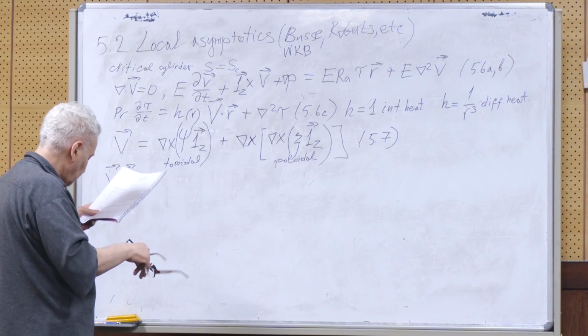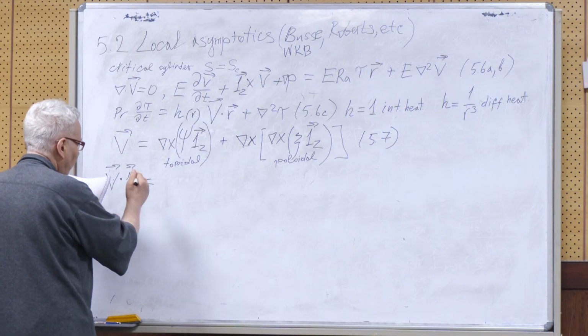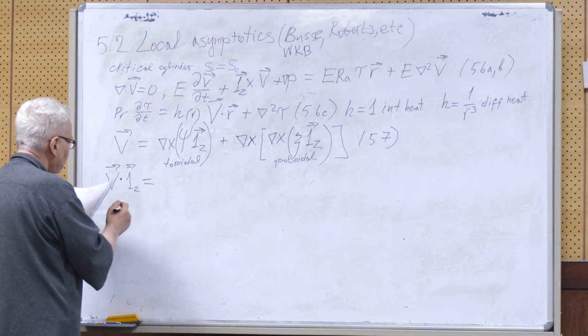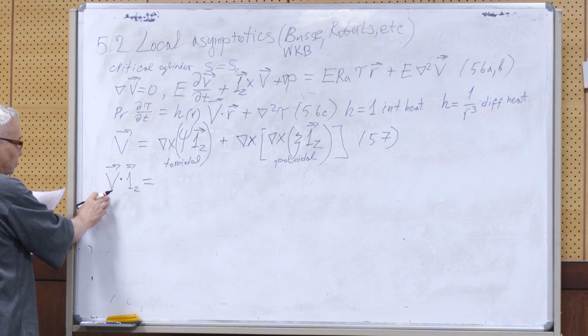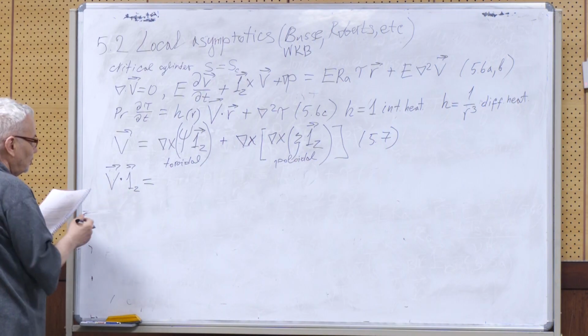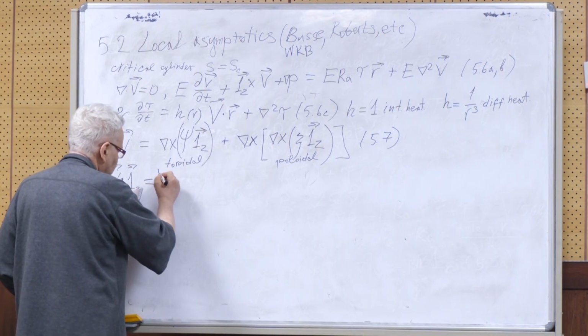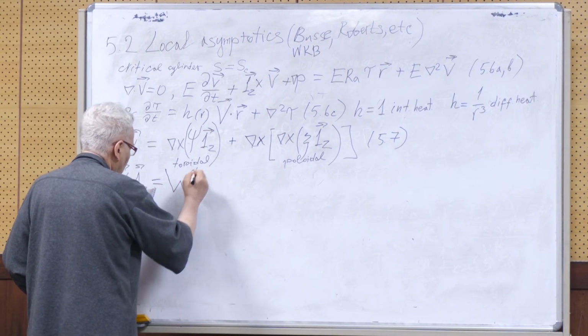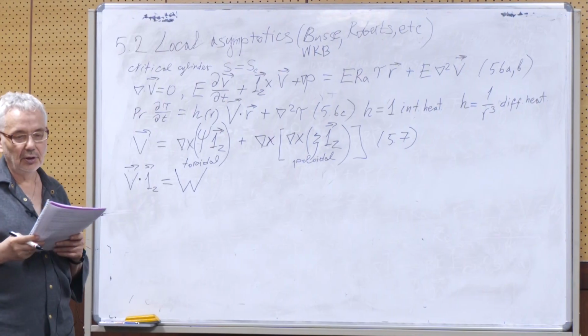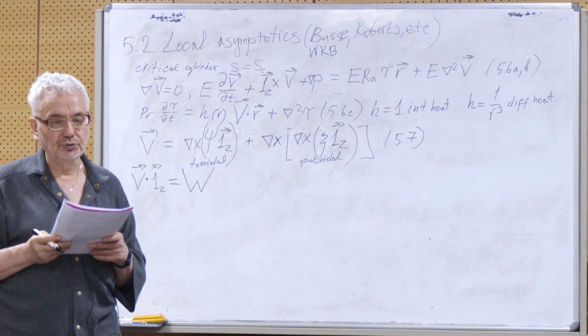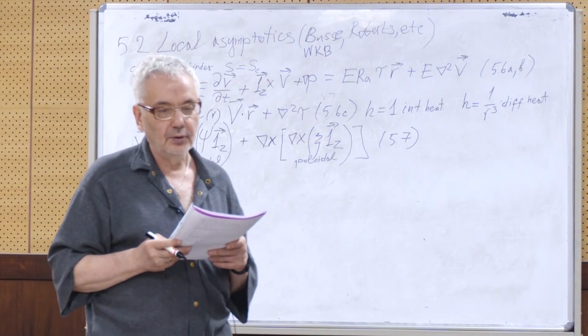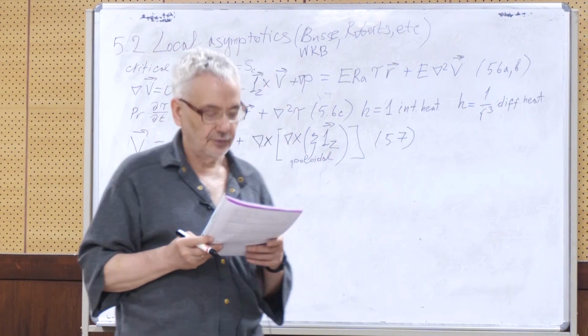Okay, so we just notice that we define this value, which is the scalar product of the velocity and the unit vector in the direction of z. We define this value because it's quite important. Actually, it's the velocity component in the direction of rotation.